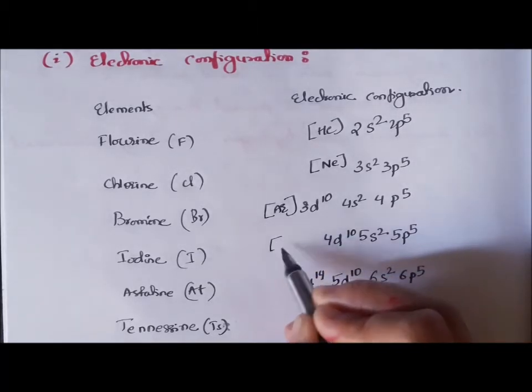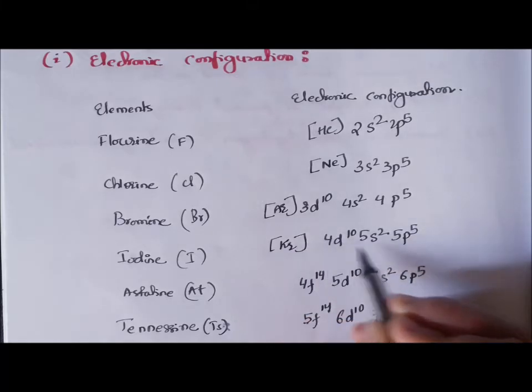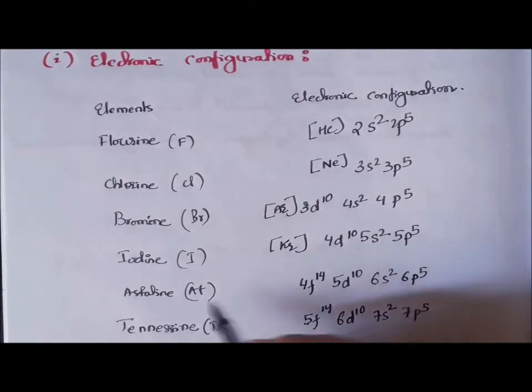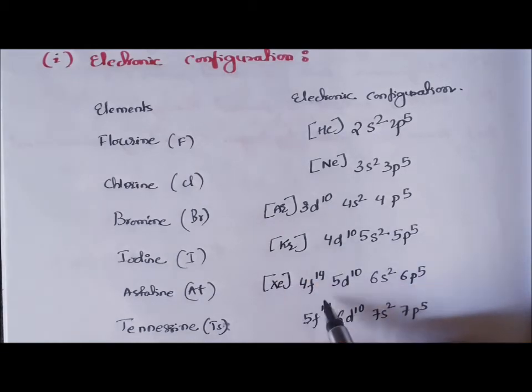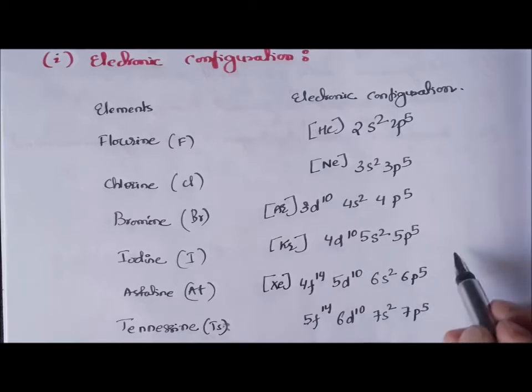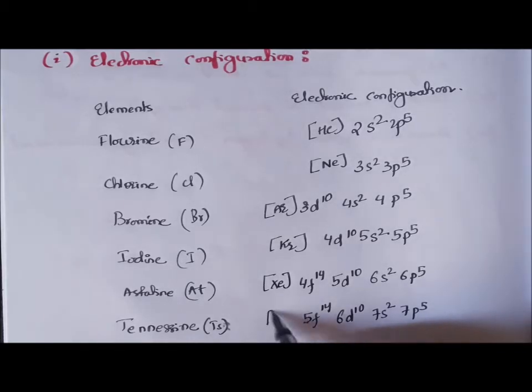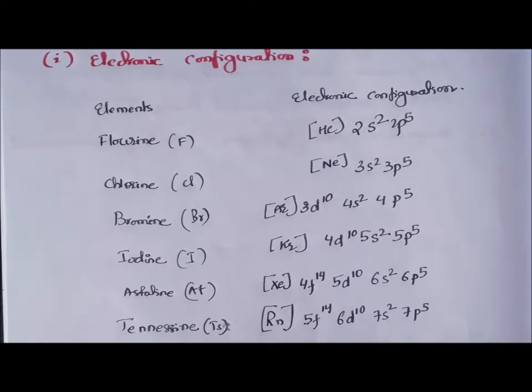Then iodine, argon krypton, right, 4d10 5s2 5p5. Then astatine, xenon 4f14 5d10 6s2 6p5. Then tennessine, radon, right, then 5f14, then 6d10, then 7s2 7p5. Okay, so these are the electronic configurations.